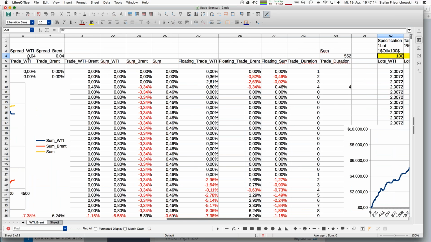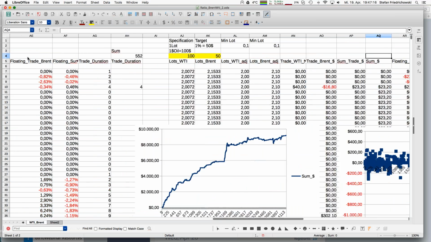Finally, all the trades are recalculated in dollars, and then we get equity lines in US dollars. And to mention in more detail, in this case, everything is already adjusted to JFD Brokers. That means the minimum lot size for trades on Brent and WTI is 0.1, and the step size is 0.1 as well.